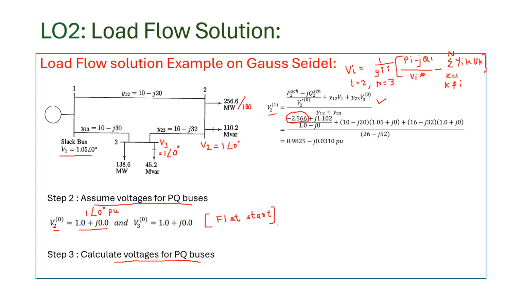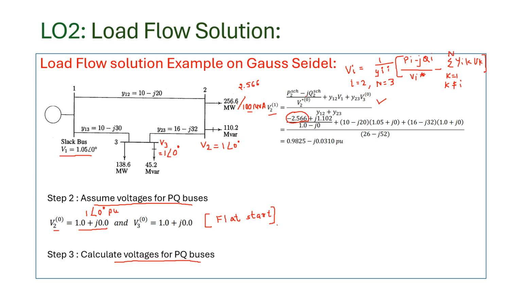Base is assumed as 100 MVA. It is fair to assume this base value, even though it is not mentioned in the problem, but we can assume 100 MVA as the base value. So 256.6 divided by 100 will be 2.566.